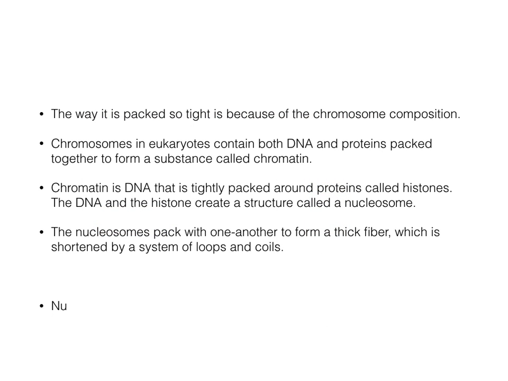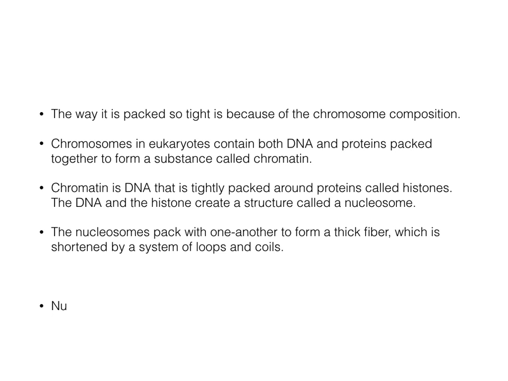Okay. The way it's so tightly packed is because of the chromosome composition. Chromosomes in eukaryotes contain both DNA and proteins packed together to form a substance called chromatin. All right. Chromatin is DNA that is tightly packed around proteins called histones, and the DNA and the histone create a structure called a nucleosome.